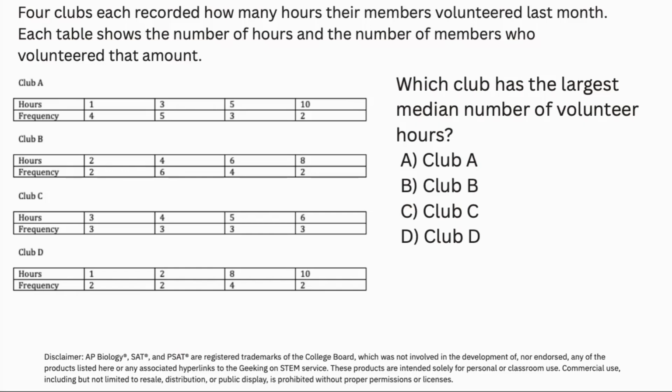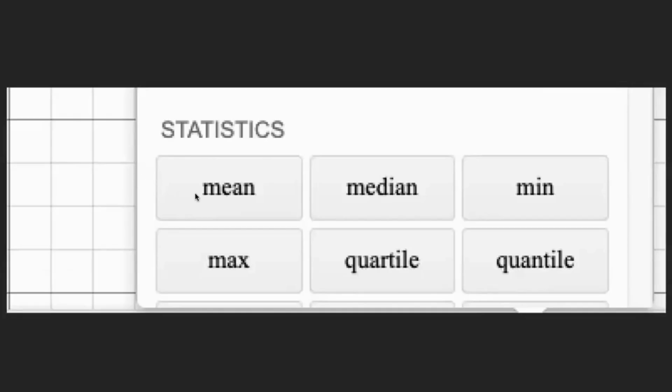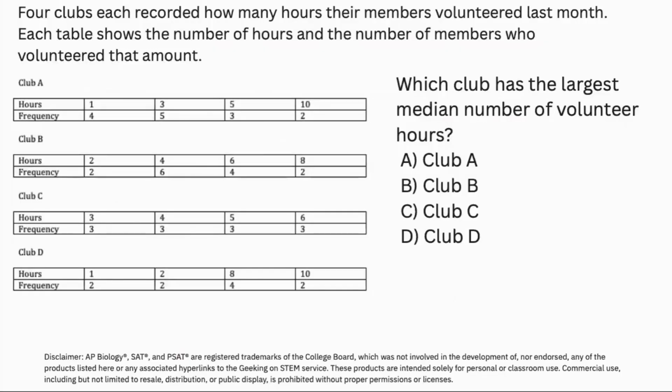Okay, so you're going to be seeing more problems on the digital SAT that review concepts in statistics. Usually when you go into Desmos, you can see the functions mean, median, min, max, quartile, quantile. However, for the new digital SAT, you'll see in this problem that four clubs each recorded how many hours their members volunteered last month.